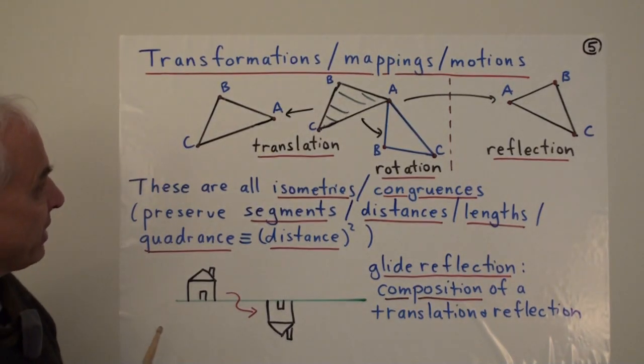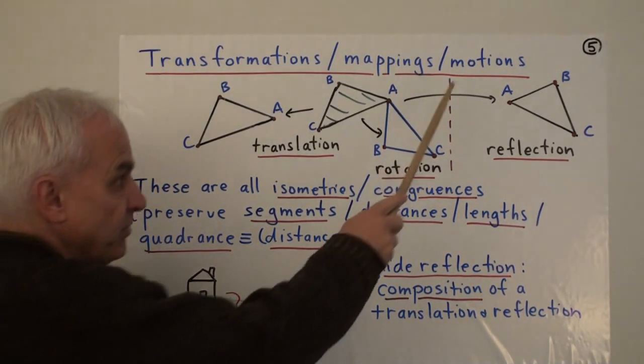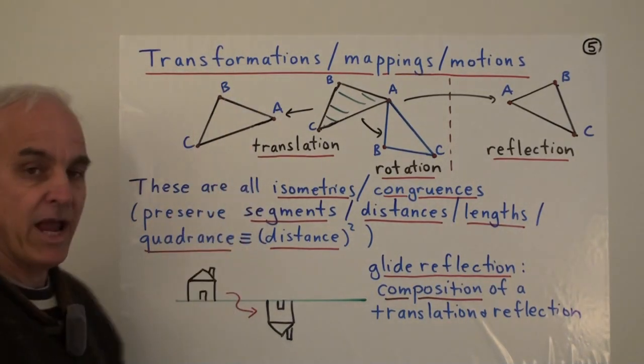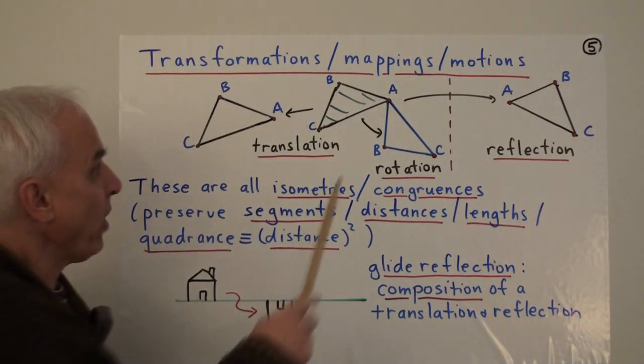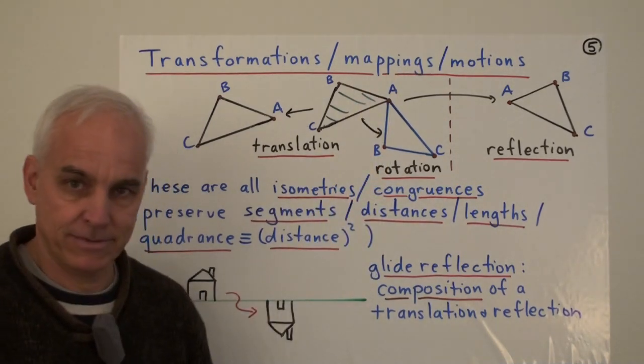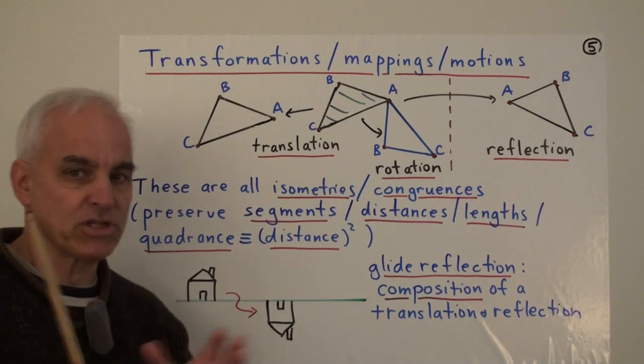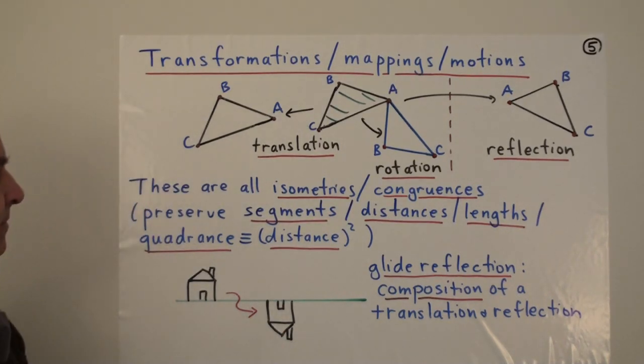And the word that we use in mathematics for this kind of thing is sometimes we refer to motions, but sometimes we refer to transformations, and sometimes to mappings. So these are 3 words which are almost the same meaning.